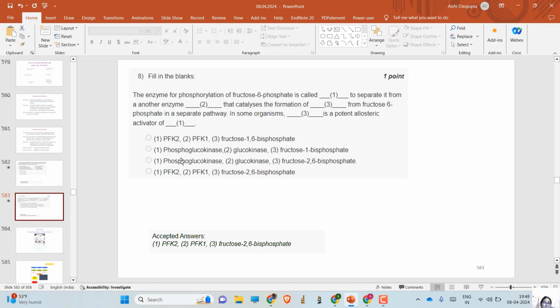In some organisms, fructose 2,6-bisphosphate is a potent allosteric activator of PFK1.